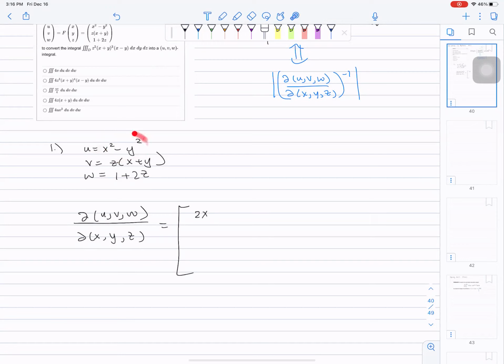Partial with respect to y is negative 2y. Partial with respect to z, there's no z, so it's 0. Now I look at my second output, and I take the partial with respect to x, that gives me z. Partial with respect to y is z still. Partial with respect to z is x plus y. And then finally, the partials of the third output with respect to x, y, and z.